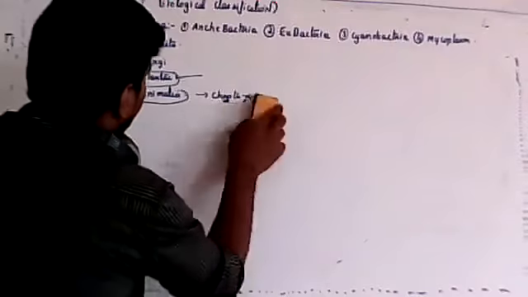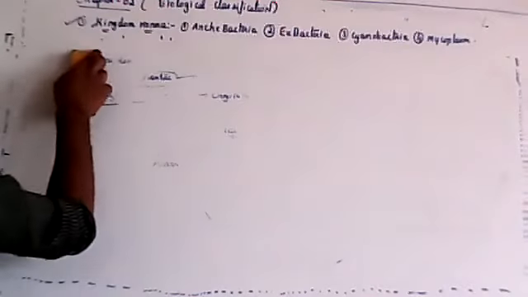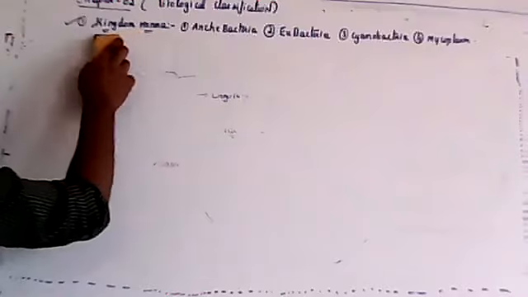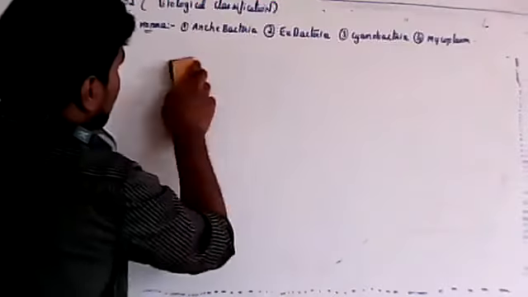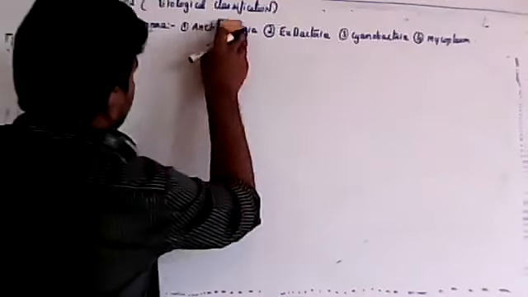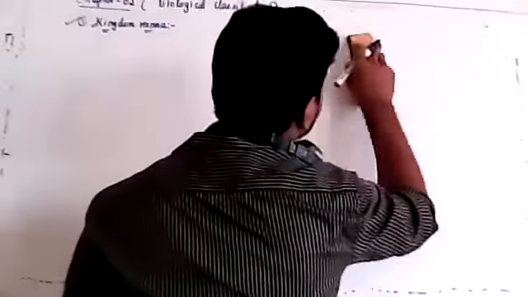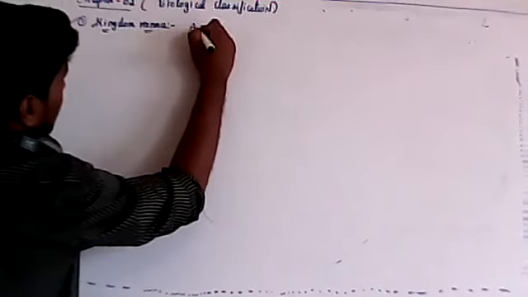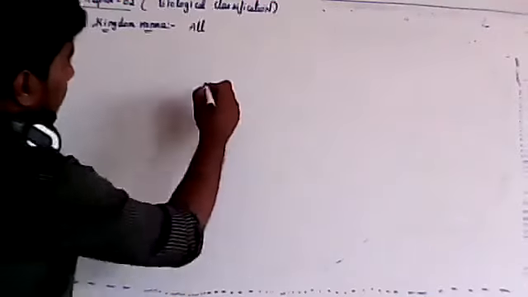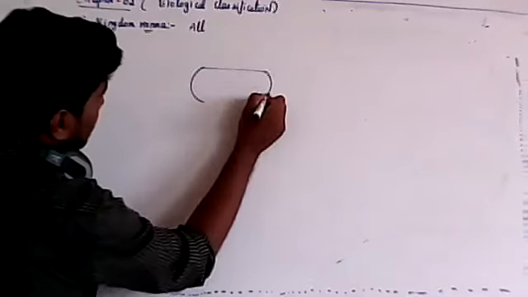So first is Archaebacteria. Kingdom Monera has different kinds of microorganisms. Before that, which organisms come under kingdom Monera? All prokaryotic organisms, which don't have a nuclear membrane.